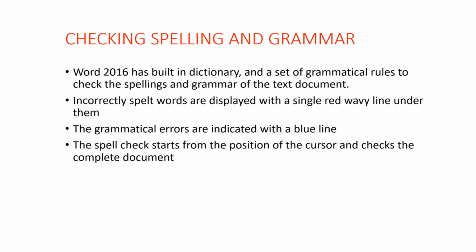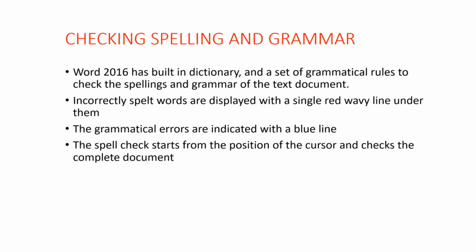Checking spelling and grammar. Word 2016 has a built-in dictionary. That means the dictionary is within the Word only, and a set of grammatical rules to check the spelling and grammar of the text document. The incorrectly spelled words are displayed with a single red wavy line under them.